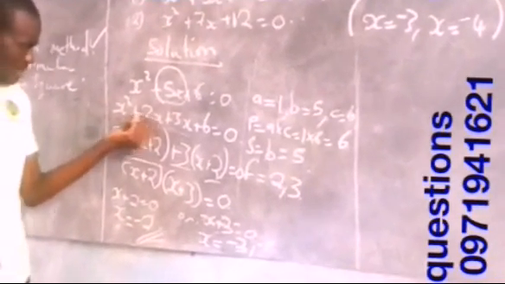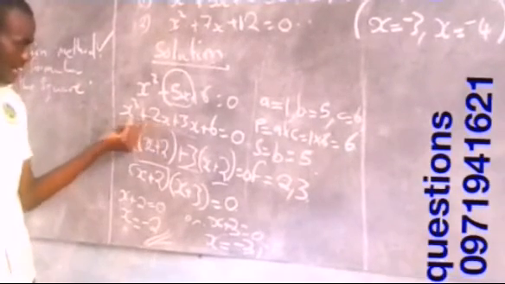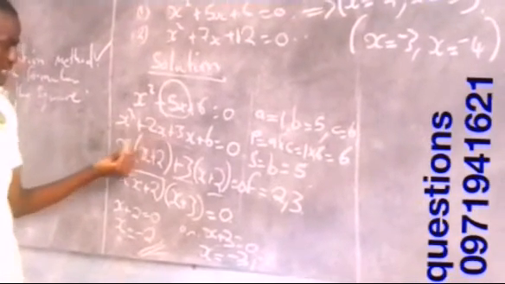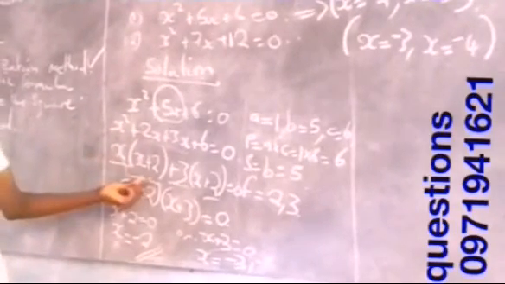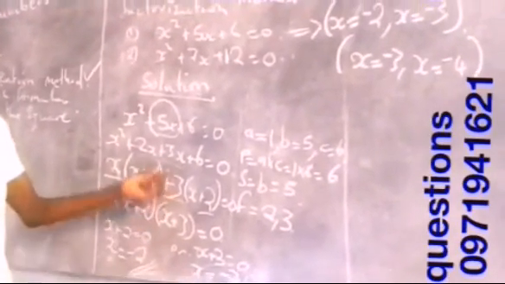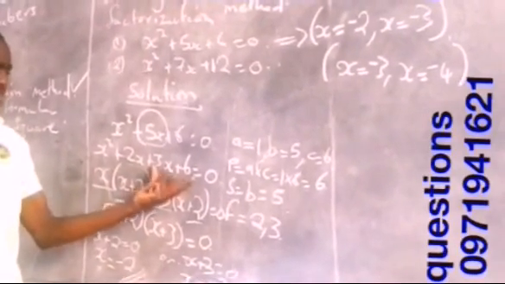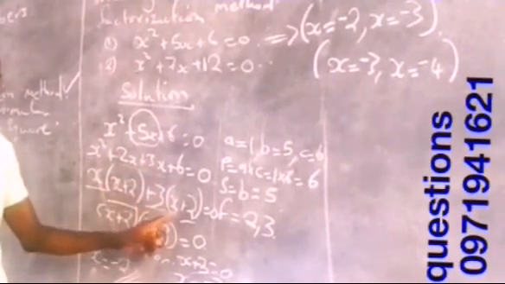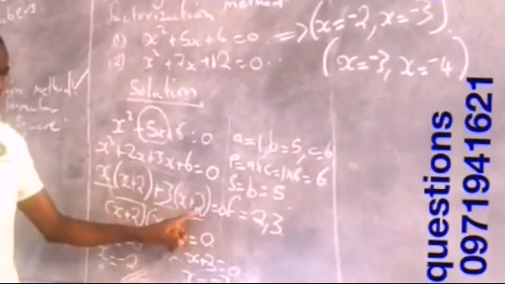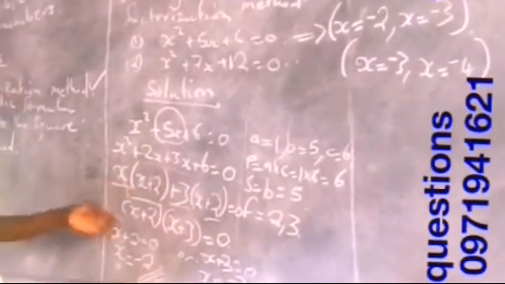What is the common factor of x squared and 2x? I find that it's x, then you divide. You have the result here. Then the common factor for the second set of numbers: 3 into 3x gives x, 3 into 6 gives 2. Therefore, you have this answer.